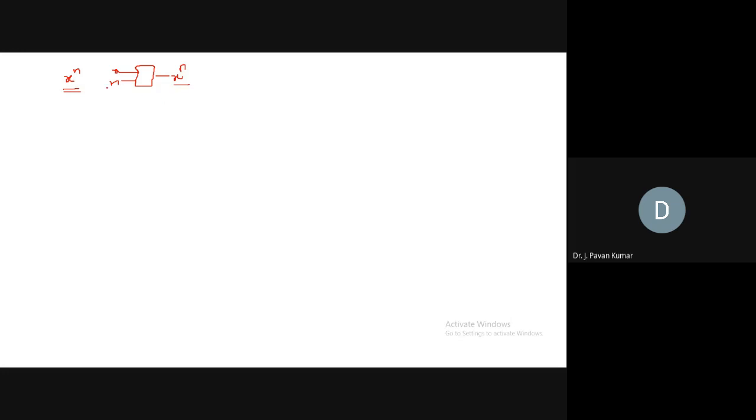Now, you consider 4 and 3. What should be the output? 4 power 3, 4 cube. 4 cube means what's the value? 64.